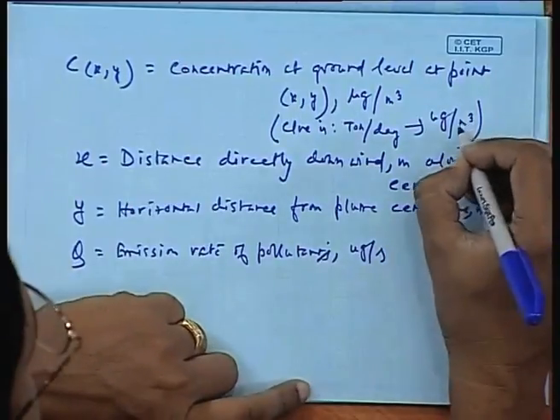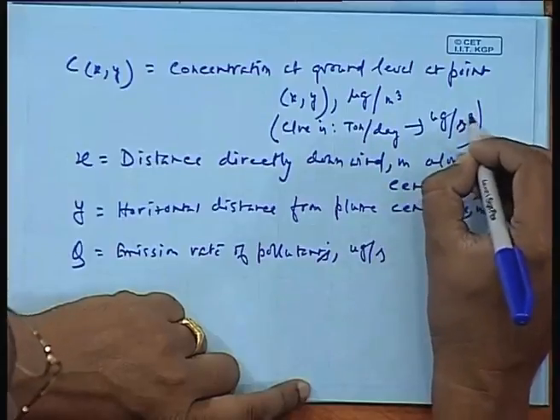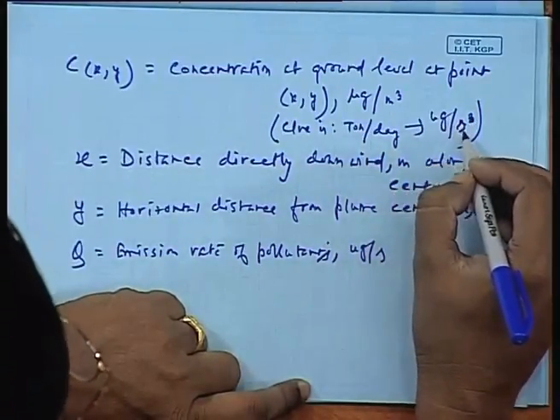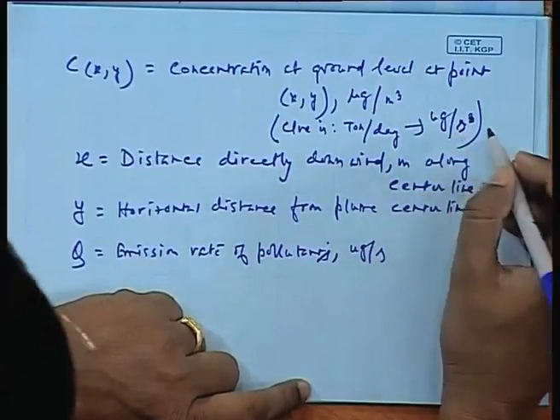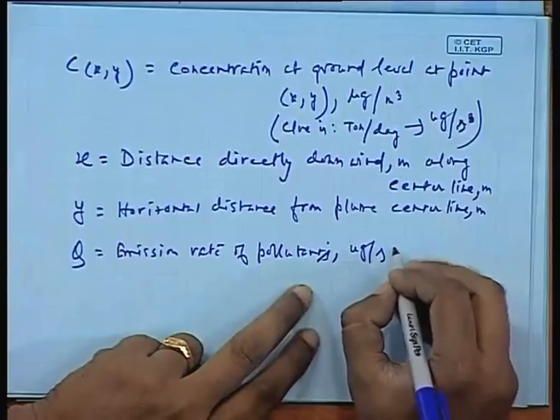I made a mistake here, just make a correction: it is per second. Tons per day can only be converted into microgram per second. It cannot be microgram per meter cube. I am sorry, this was the emission rate of the pollutants.